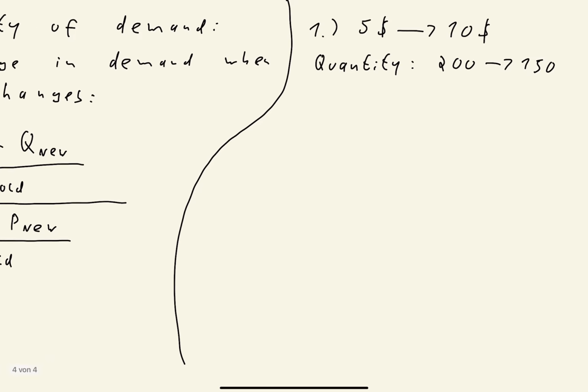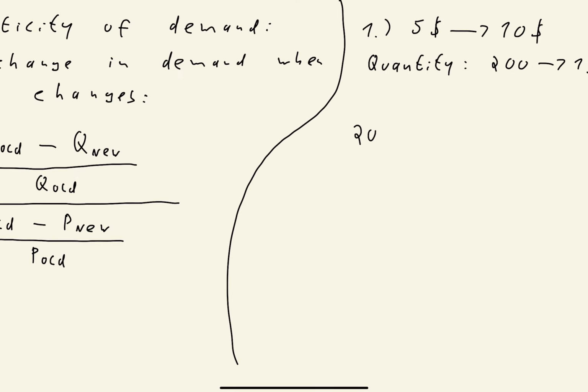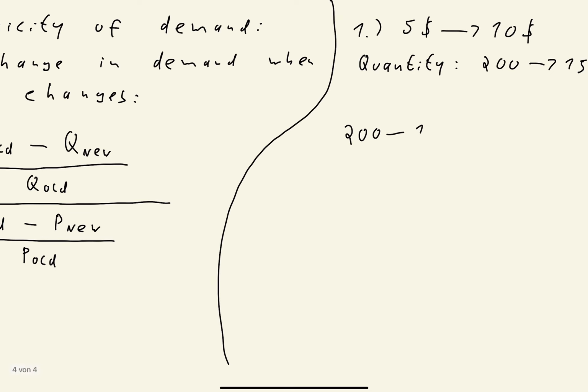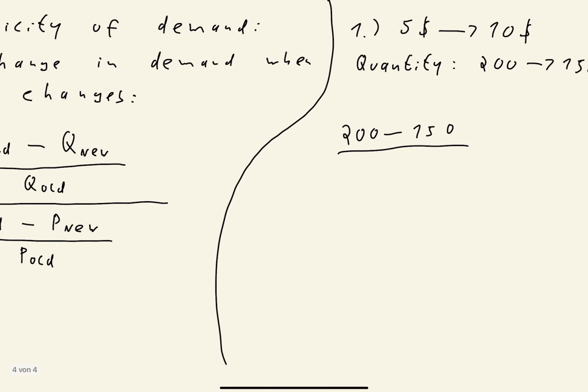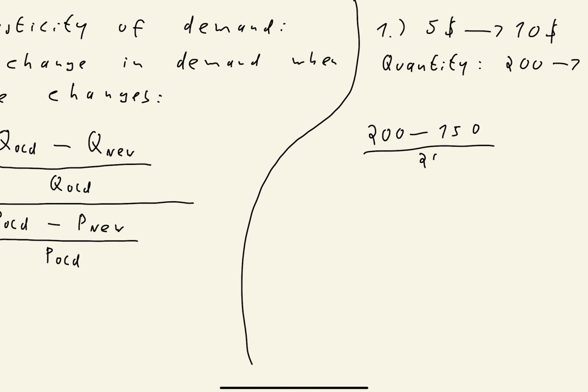So the formula is 200 minus 150, divided by 200. The whole thing will then be divided by 5 minus 10, so the old price minus the new price, divided by 5.